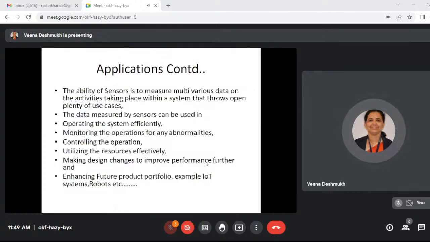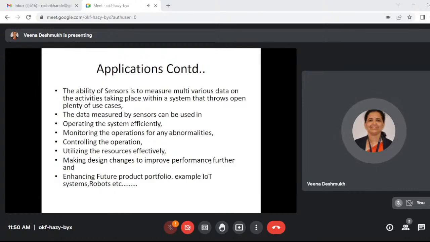Basically these sensors have the ability to measure various data on the activities taking place within a system or outside the system. For example, if you want to measure the temperature of an ambience or an industry or a manufacturing unit or a furnace, you will be utilizing multiple temperature sensors.